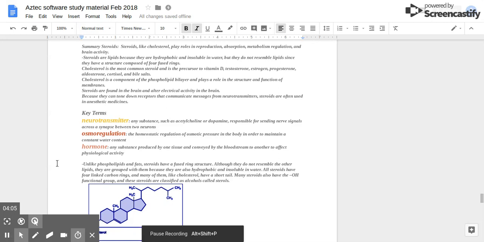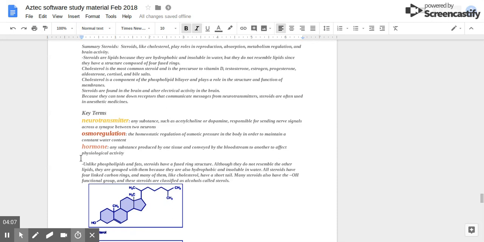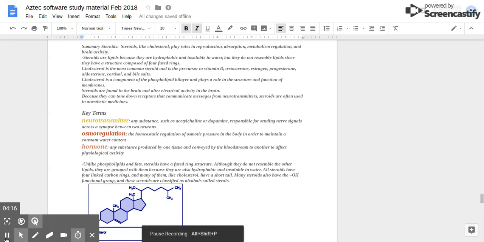We learned about them earlier. So, cholesterol is the most common steroid and is precursor to vitamin D, as well as testosterone, estrogen, progesterone, aldosterone, cortisol, bile salts, etc. Cholesterol is a component of the phospholipid bilayer, as we learned about previously, and plays a role in the structure and function of membranes.